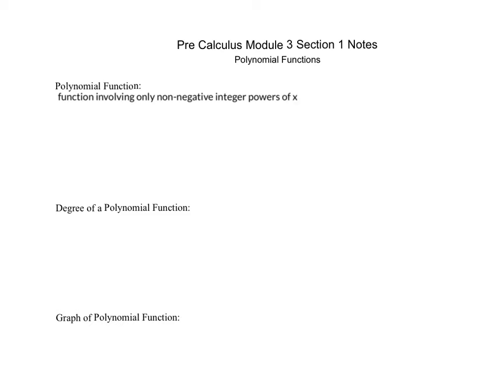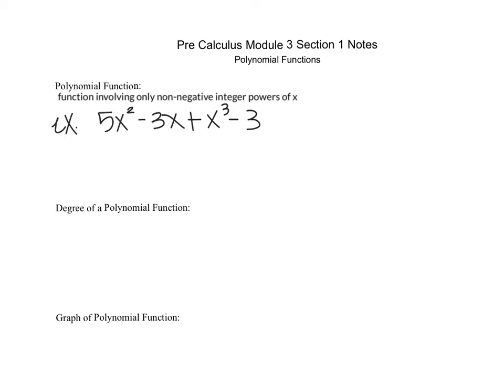So what this means is if I have a polynomial, all of the powers have to be positive. So for example, if I look at 5x squared minus 3x plus x cubed minus 3, this is a polynomial that only has positive exponents, so it is a polynomial function.